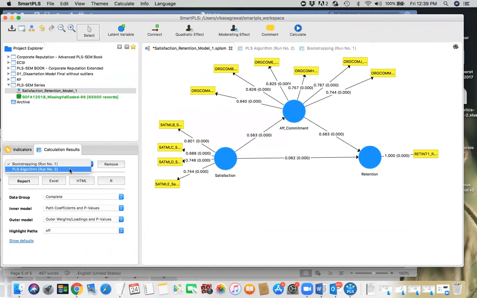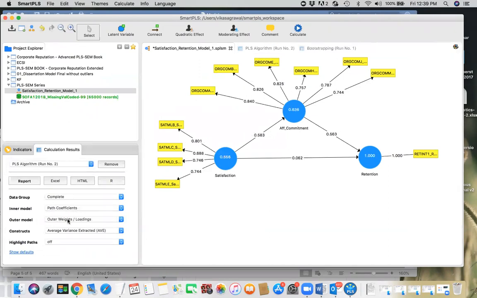In the PLS algorithm run, under the outer model, for the construct we are looking at the R square. When you click the R square, you see those numbers change. There won't be any R square for the exogenous construct because it's not a dependent variable. This is the dependent variable and this is the dependent variable. This dependent variable is being predicted by satisfaction and commitment, while commitment is being predicted by satisfaction alone.